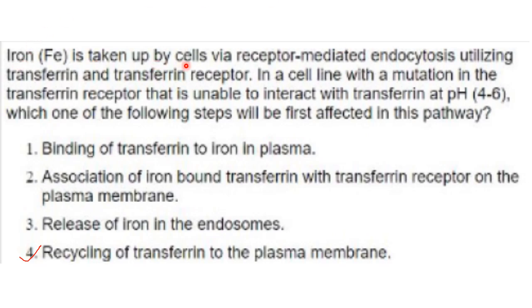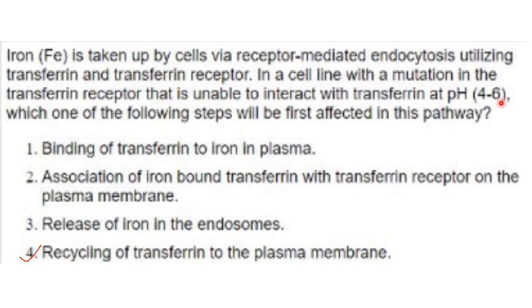Iron is taken up by cells via receptor mediated endocytosis utilizing transferrin and transferrin receptor. We saw just now. In a cell line with a mutation in the transferrin receptor that is unable to interact with the transferrin at pH 4 to 6. Now if you see the outside of the cell, I already told you it is neutral pH.